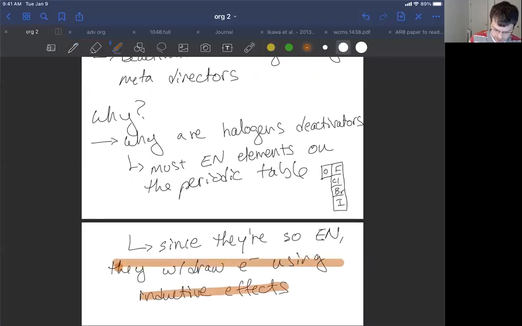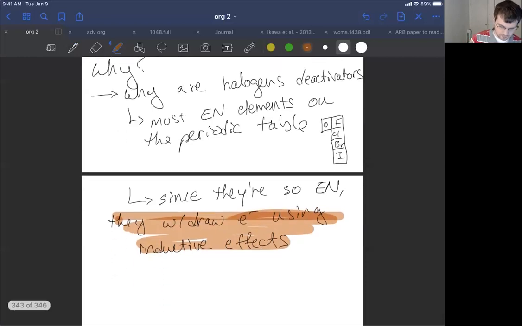They don't really use them. They just take advantage of them. This is how they do their job. Okay, so that's the important takeaway here: we're going to withdraw electron density from the aromatic ring by way of inductive effects because the halogen atoms are so electronegative. They're polarizing the bonds. They're taking them away so strongly.